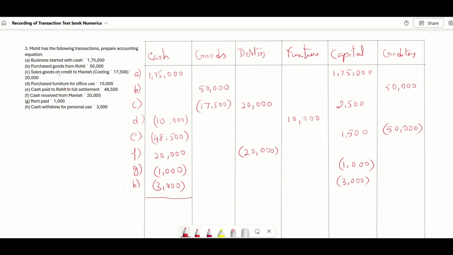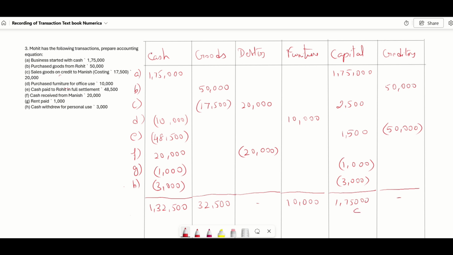This is coming up to 1,32,500, and goods 32,500, debtors is nil, furniture is 10,000, your capital account at 1,75,000, and creditors are nil.